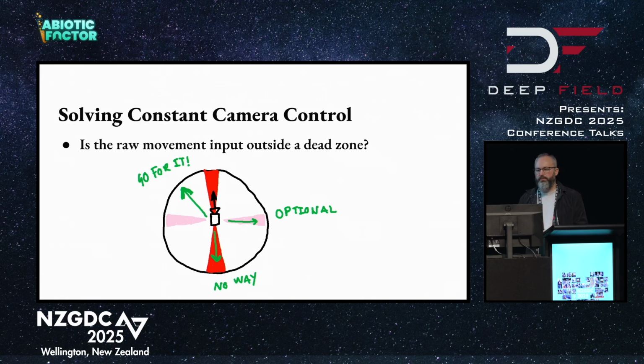So what happens if you don't do this is that you end up with this weird behavior where, for example, the player moves directly towards the camera and the camera already has some rotation offset, so it knows that it needs to rotate 180 degrees in order to get behind the player.